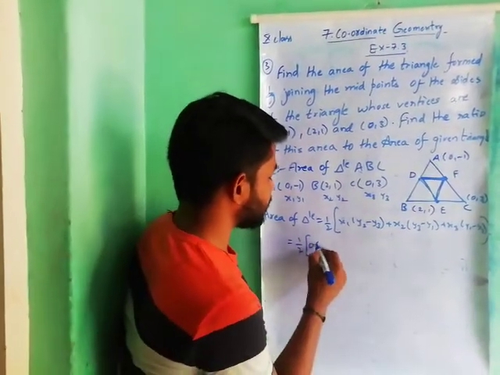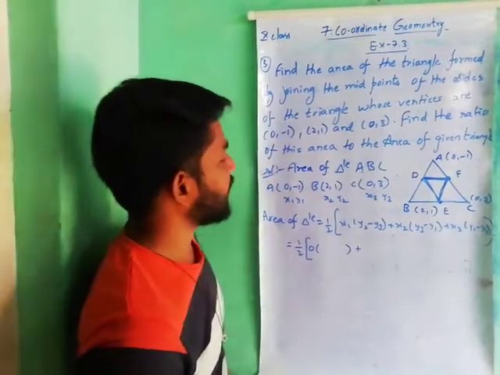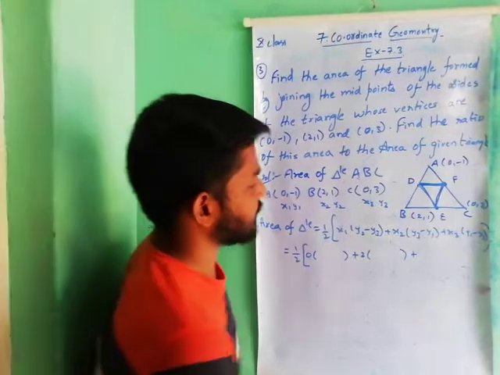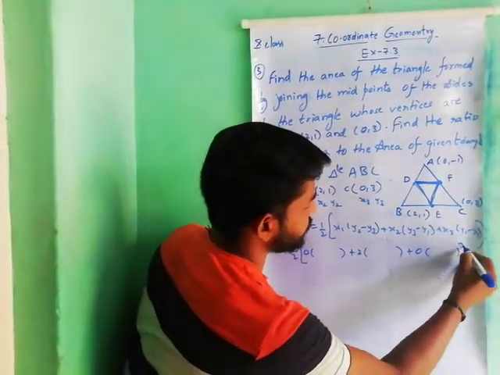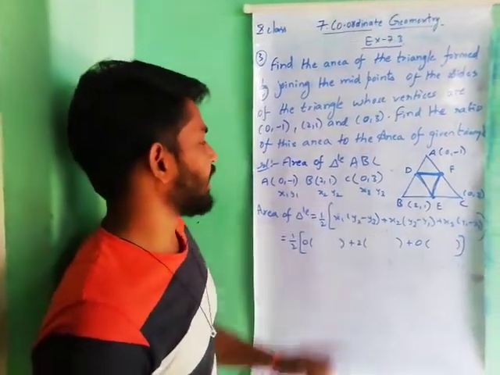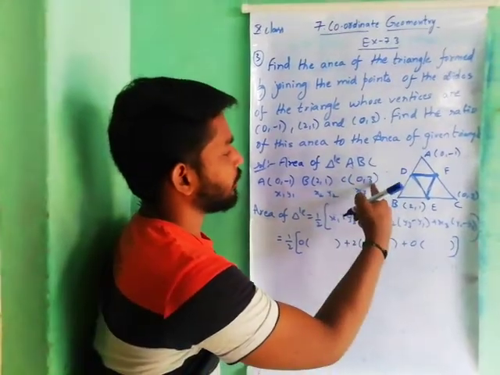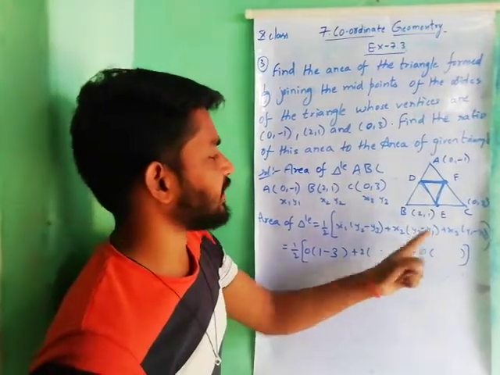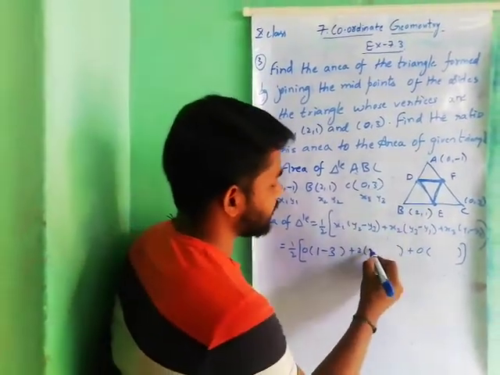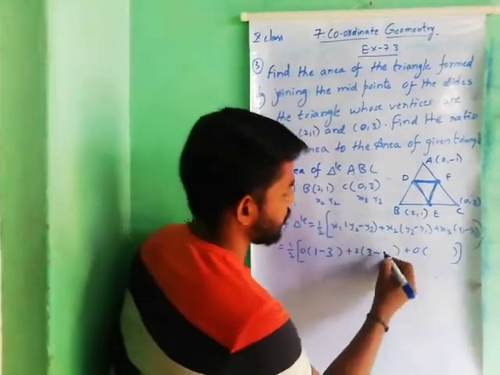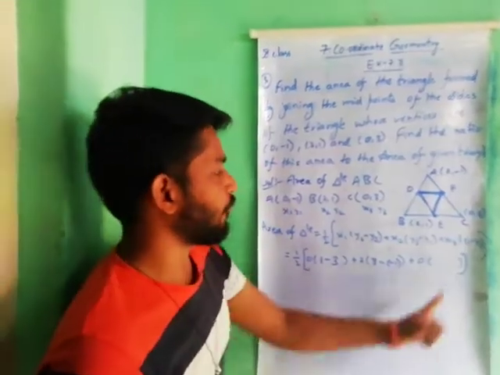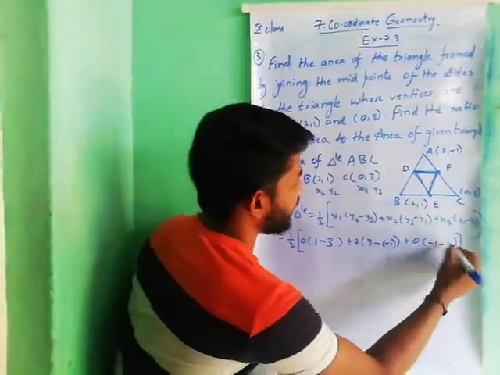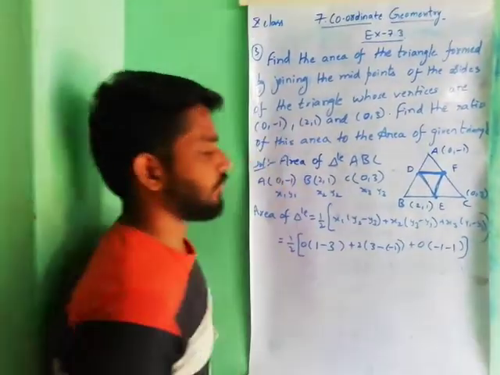x1 is 0, x2 is 2, x3 is 0. y2 minus y3: y2 is 1, y3 is 3, so 1 minus 3. y3 minus y1: y3 minus y1 is 3 minus (minus 1). y1 minus y2: minus 1 minus, again y2 value 1.